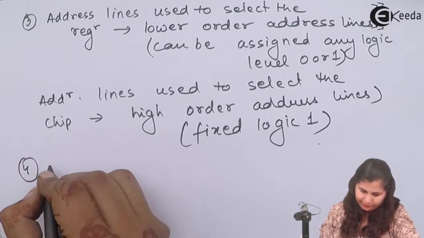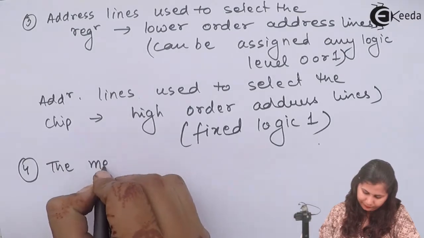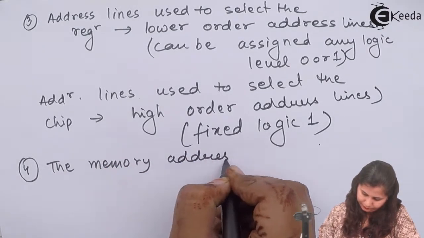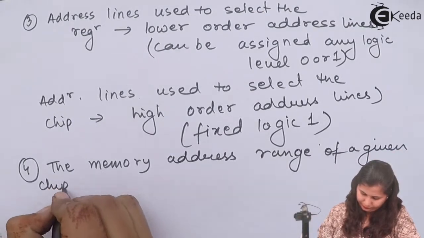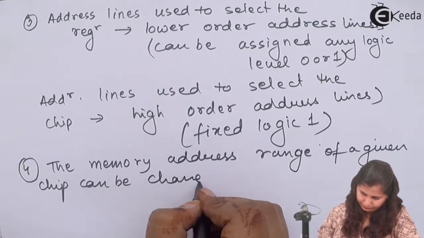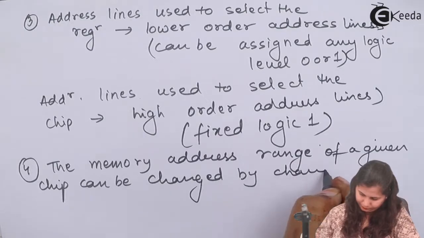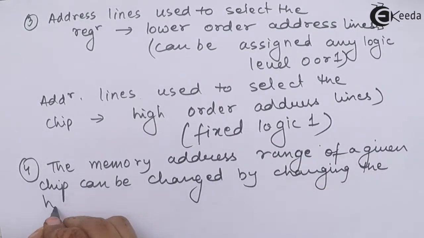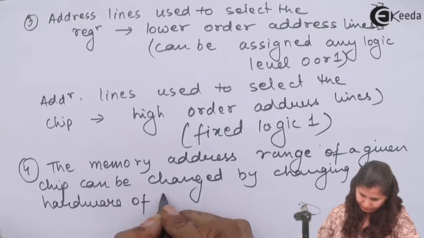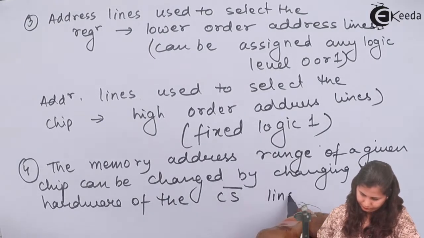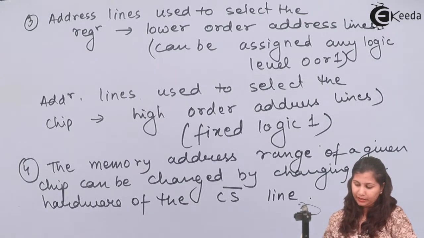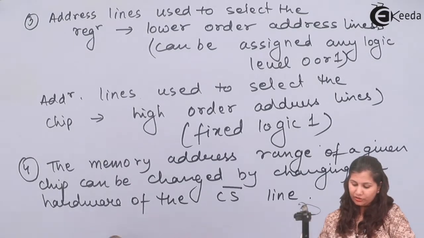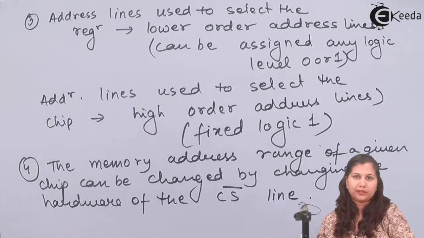Then we have that the address range of a given chip can be changed by changing the hardware of the chip select line.